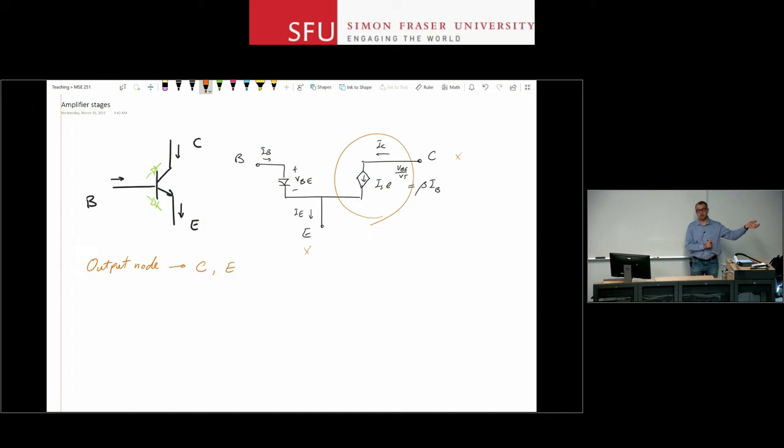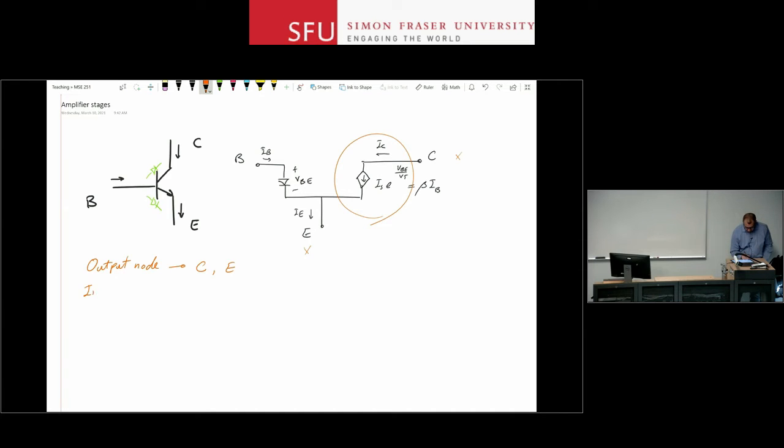Right away, you're losing so much on current. The voltage is going to be more or less the same. The difference is only VBE. So you will have significantly less power at the base end if you put your load there. So we do not use base as an output node. We should not connect the load to the base.